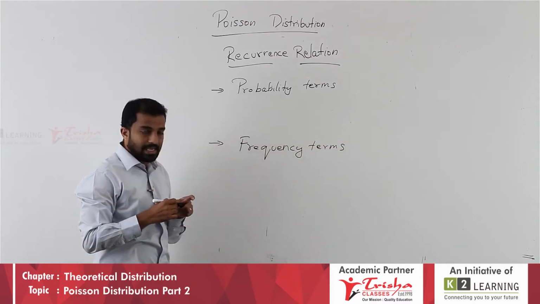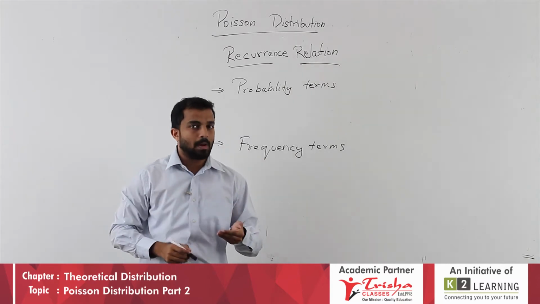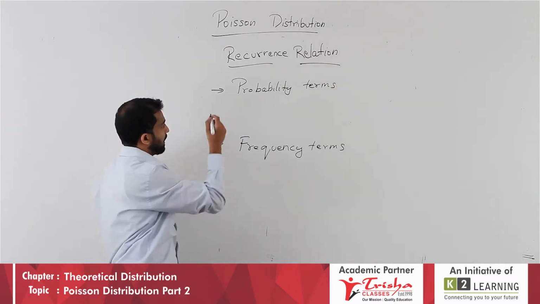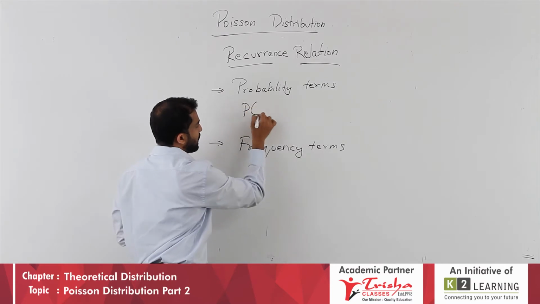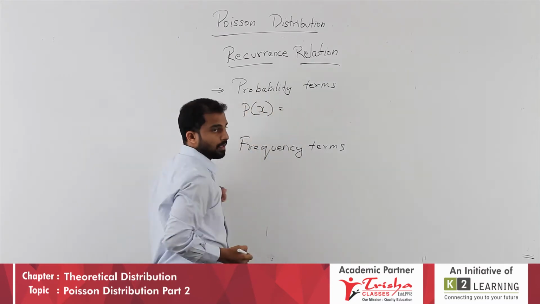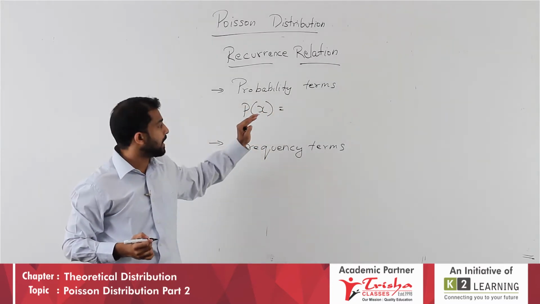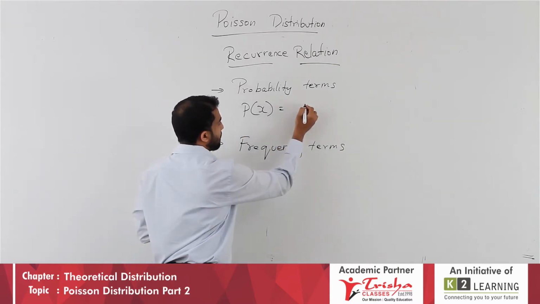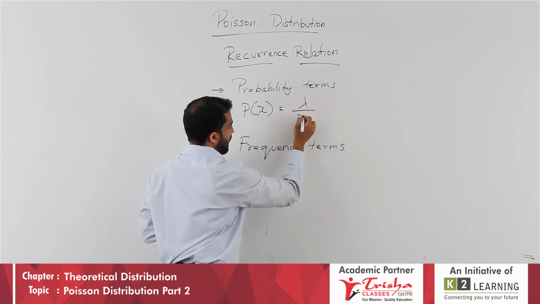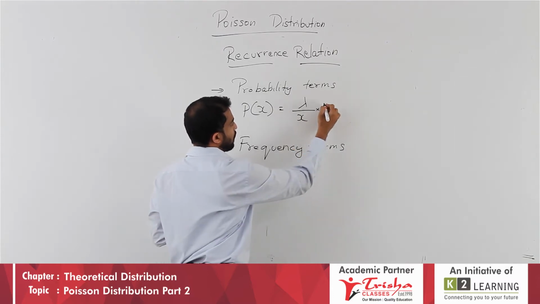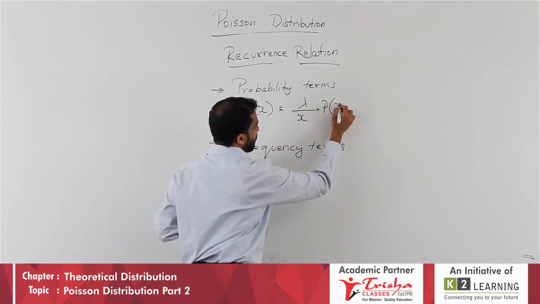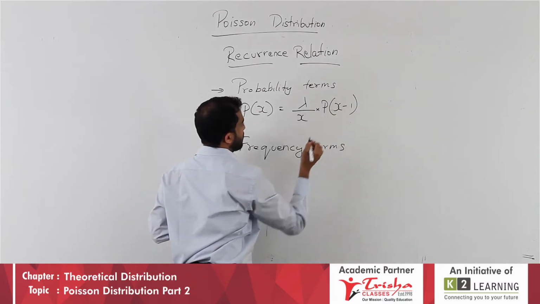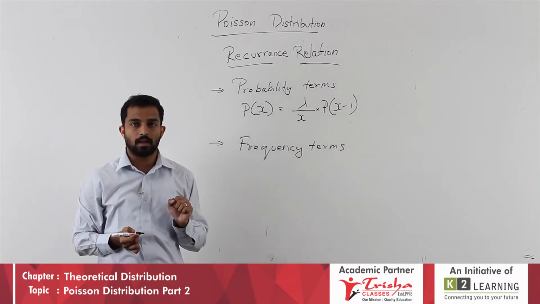Now, in case it is successive probability terms, then the recurrence relation formula becomes P of x is equal to, here students, in Poisson distribution the mean is lambda, so it will be lambda by x into probability of the previous term, that is x minus 1.